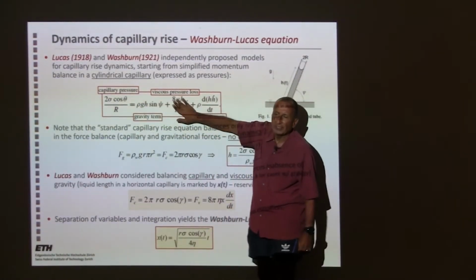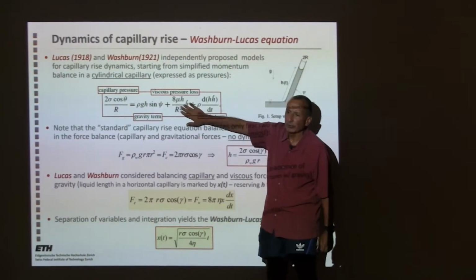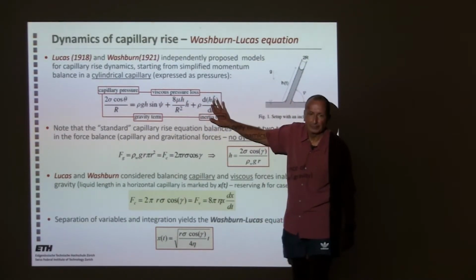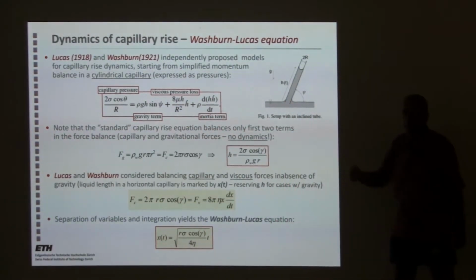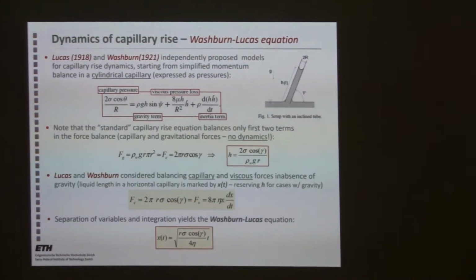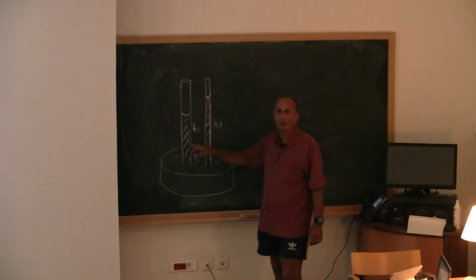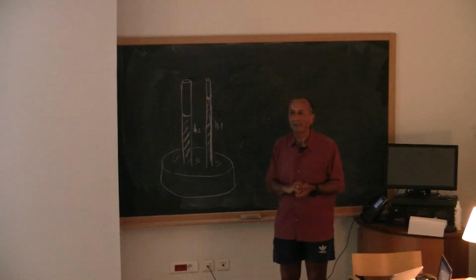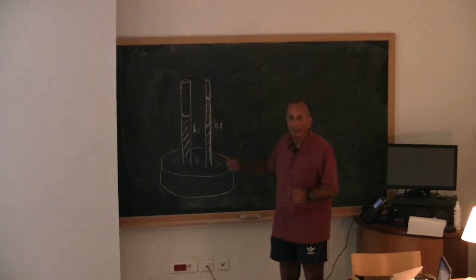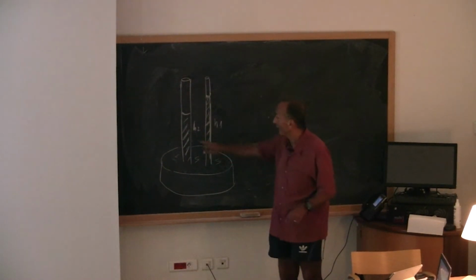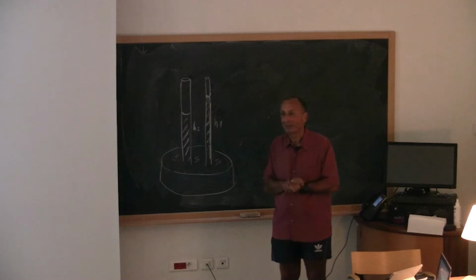To know how fast things happen, we have to look at viscous forces and at inertia. So, a question. I have here two capillaries, large and small, dipped in water. These are the equilibrium heights. Which one will arrive at the equilibrium height faster? The small capillary with a high capillary drive or the large capillary with the smaller capillary drive?